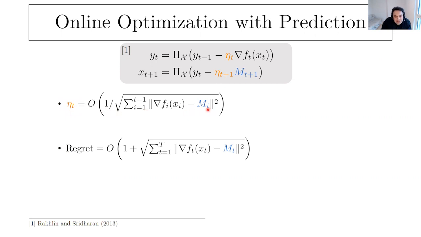If you look at these step sizes, what it means is that you look at the difference between the gradient of the function and the m_t that you put here. Think about m as whatever you pick up. You can pick m_t however you like. You plug it into this formula up to t minus 1 and look at how far your m_i is from the gradient of the function in the past, and based on that you make a step.